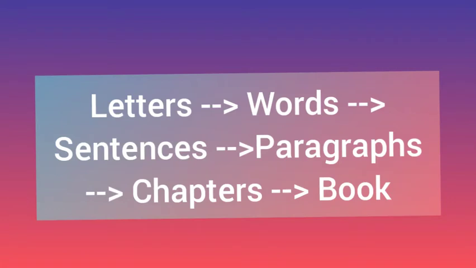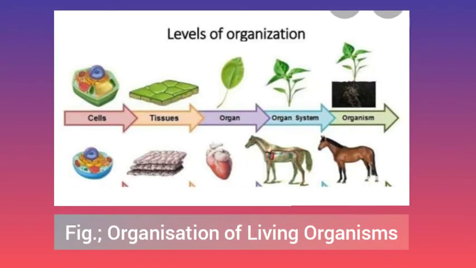As we see, letters together form words, words together form sentences, then sentences come together to form paragraphs. After paragraphs, these paragraphs together form chapters, and chapters together form a book. Similarly, we can see this in living organisms also, means organizational levels in living organisms.